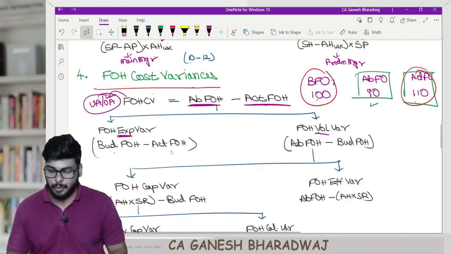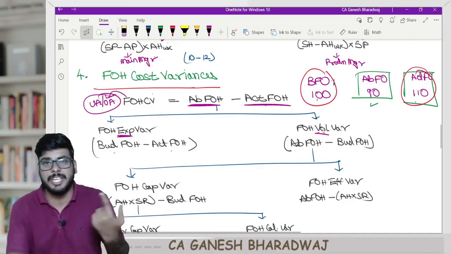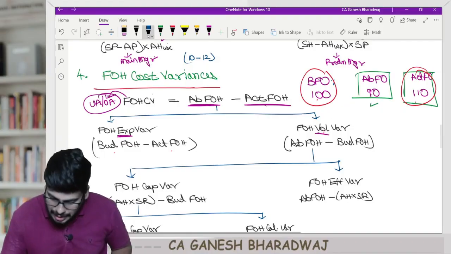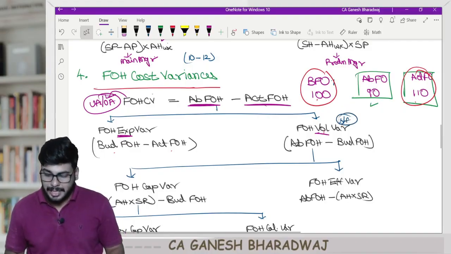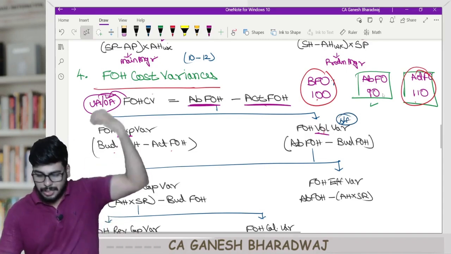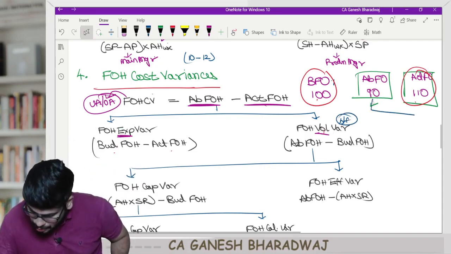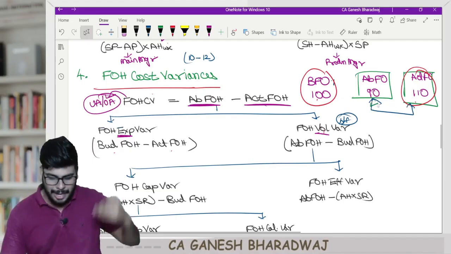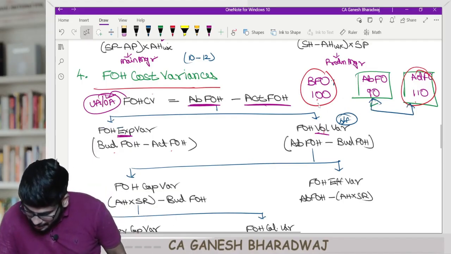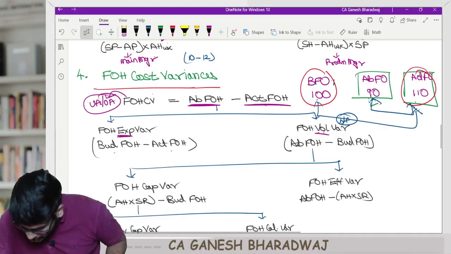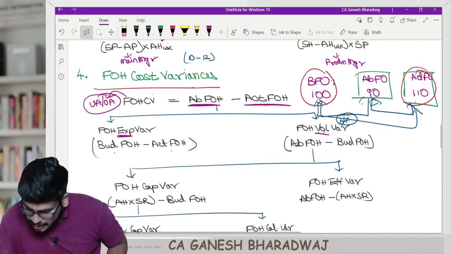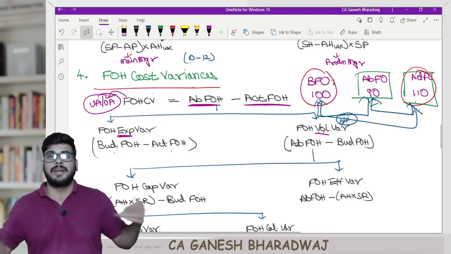Budgeted minus actual. Now what is fixed overheads volume variance? It is actually the balancing figure. This is how I asked you to remember. Are you clear with this? So the top figure compares absorbed with actual. On the left side I am comparing budget with actual. So on the right side the balancing figure should be absorbed fixed overheads minus budgeted fixed overheads.